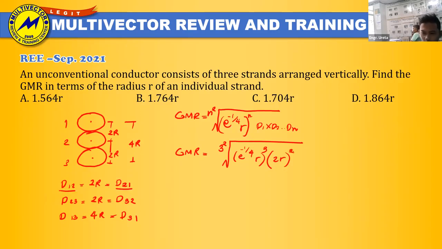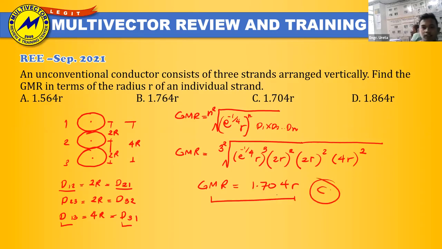While D23 and D32 is also 2r and another 2r. So instead na isulat ko pa, square ko na lang. And last but not the least, yung combination distance ng D13 and D31, which is 4r and another 4r. Pag sinolve natin yan, our GMR in terms of r is equal to 1.704.